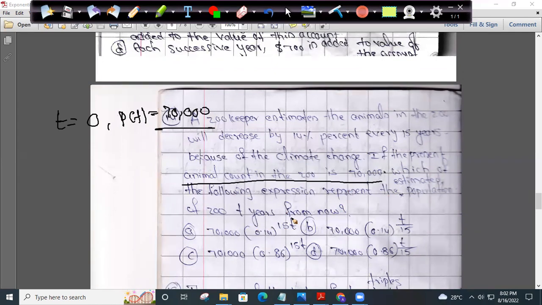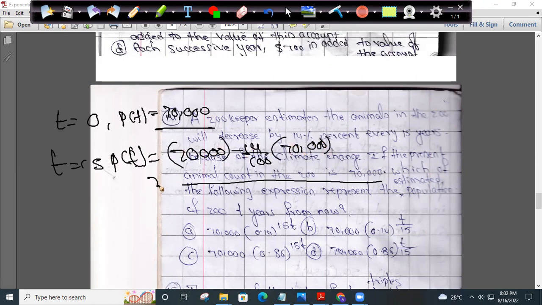After 15 years, when t equals 15, the population should be 70,000 minus 14% of 70,000. Taking 70,000 common, 1 minus 0.14, so 70,000 times 0.86. That should be my answer when t equals 15.